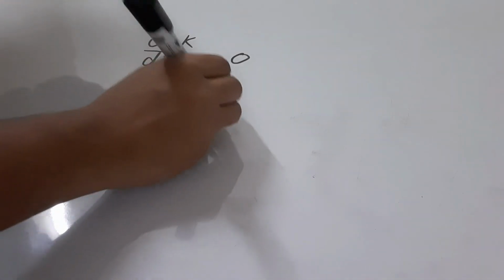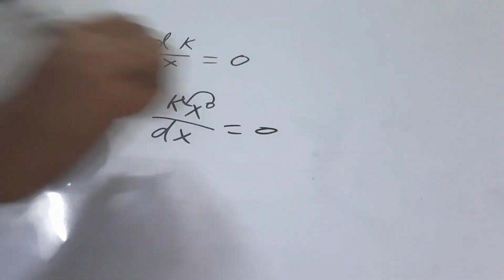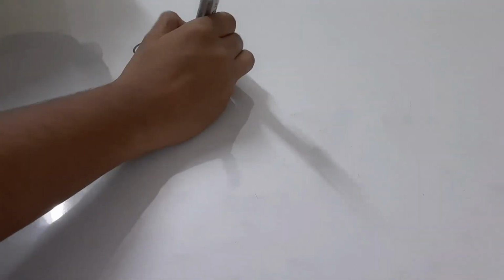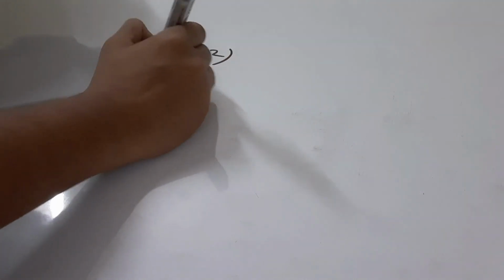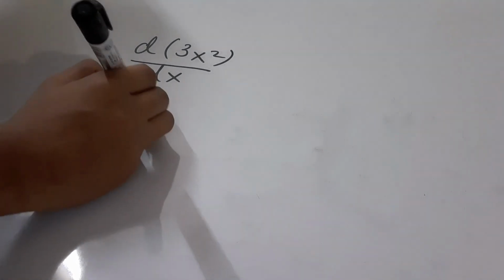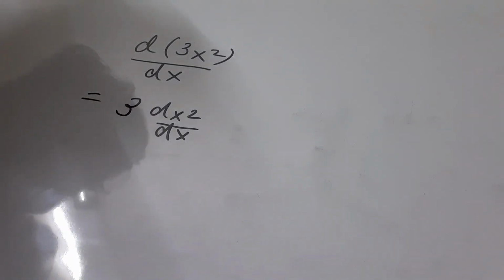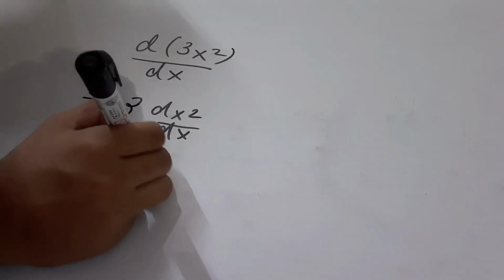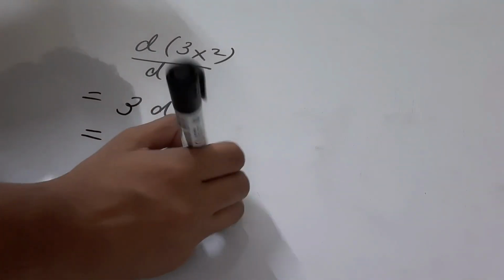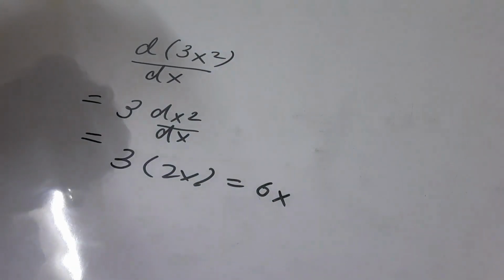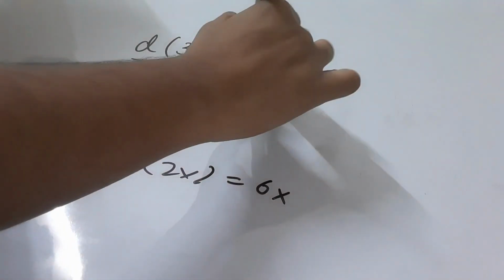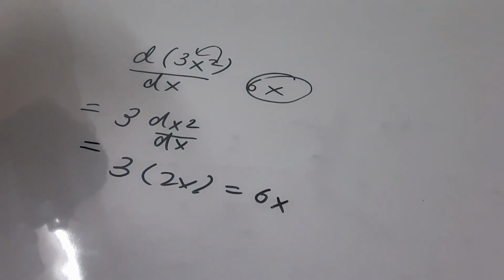We can always take constants out of differential expressions. So d of 3x squared upon dx can also be written as 3 times d of x squared by dx, which is just 3 into 2x, which is 6x. And you can calculate it this way, 6 and then x, 6x. So this is the most important formula, and 2 or 3 more formulas.